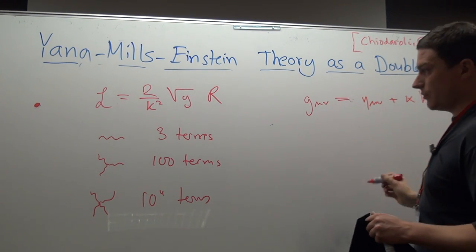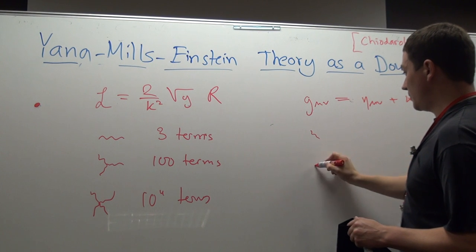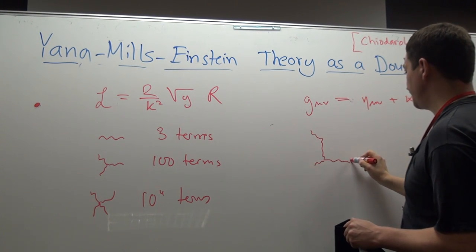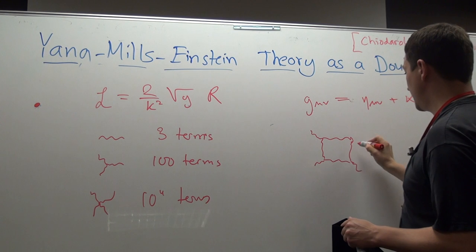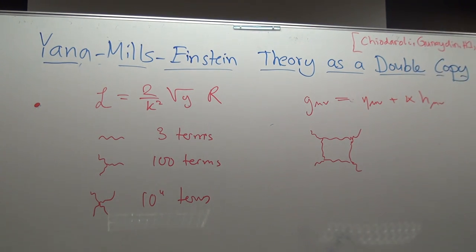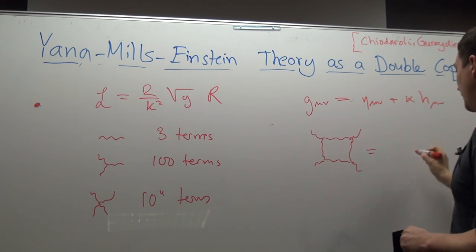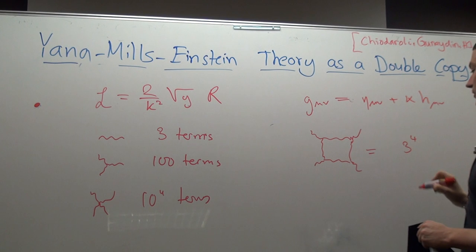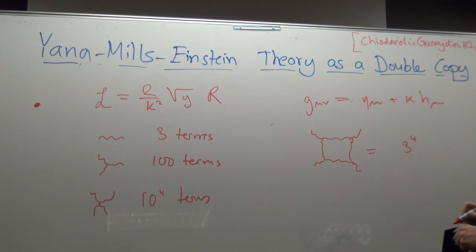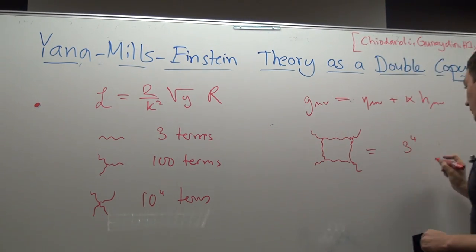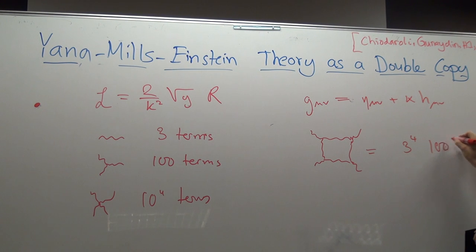let's say you want to do a simple one loop 4-point calculation, you can count how many terms there are in this calculation. So in particular, there's 4 propagators, 3 to 4 terms from each, and there's 4 vertices, so that's 100 to the 4th power.